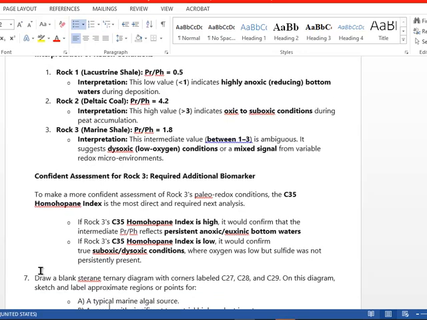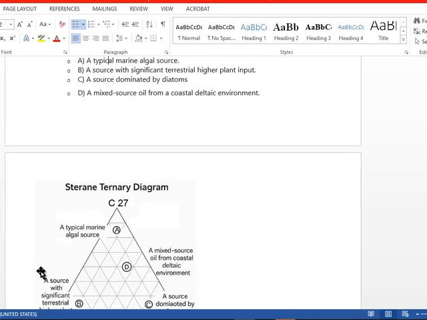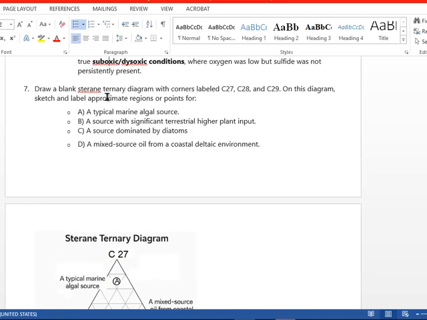That's it. Okay, so here draw a blank sterane ternary diagram with corners labeled C27, C28 and C29. On this diagram, sketch and label approximate regions or points for A, a typical marine algal source, B, a source with significant terrestrial higher plant input, C, a source dominated by diatoms, D, a mixed source oil from a coastal deltaic environment.